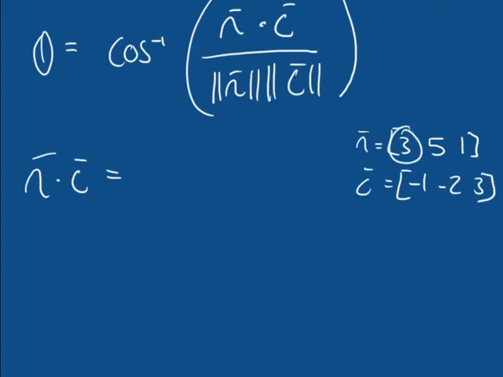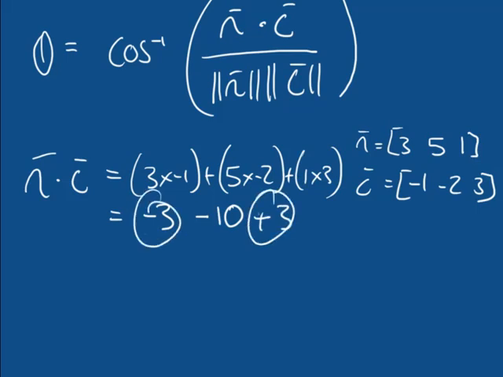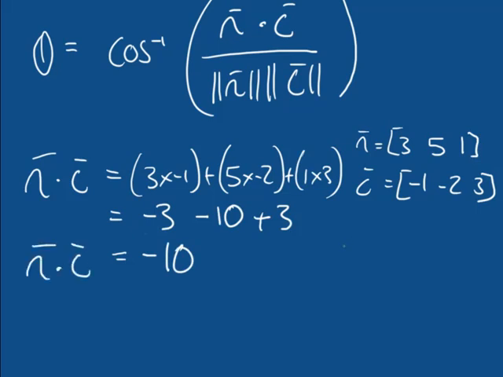So n dot c is going to be 3 times minus 1, plus 5 times minus 2, plus 1 times 3, which is equal to minus 3, 5 times minus 2 is minus 10, and 1 times 3 is plus 3. So the minus 3 and plus 3 cancel, and that gives us n dot c is equal to minus 10.